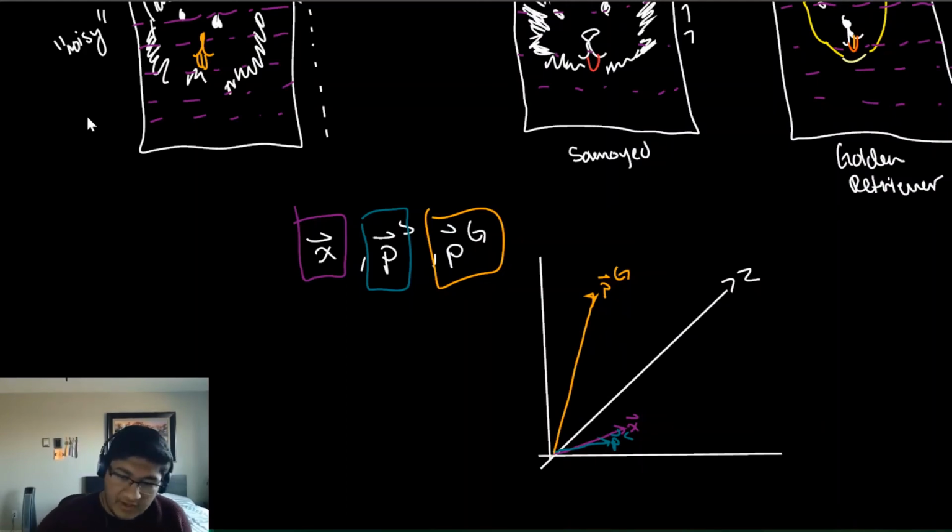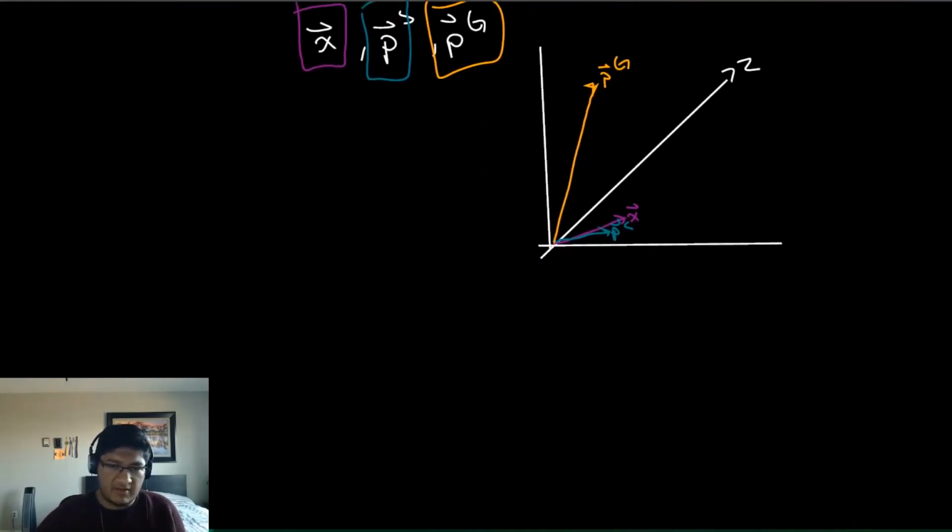So let's say we determine that this noisy image should be more similar to the Samoyed than it is to the golden retriever. This could be easily represented using a math equation, so that's what I'm going to write out. Let's say that X is similar to PS.